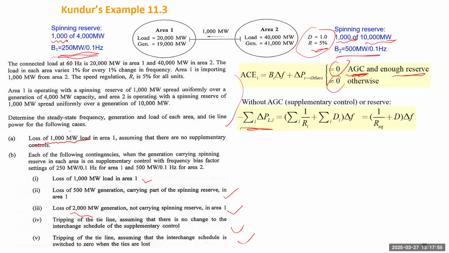And the right-hand side, within these parentheses, basically calculates the equivalent R and also the total D. So here is a total beta factor of this entire area multiplied by delta F, which will try to mitigate the load change.